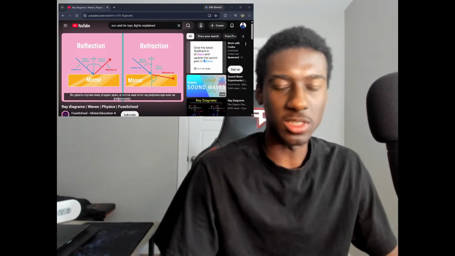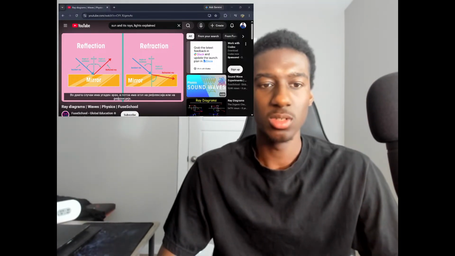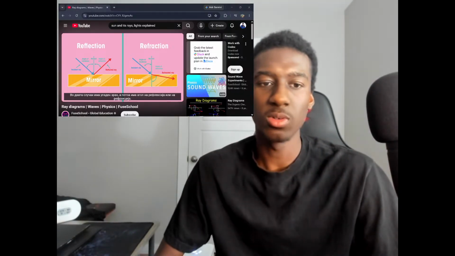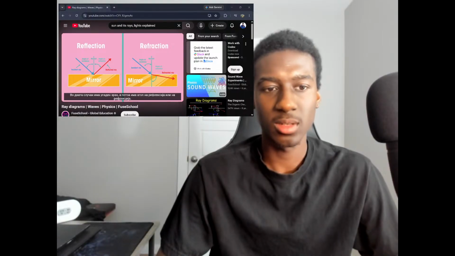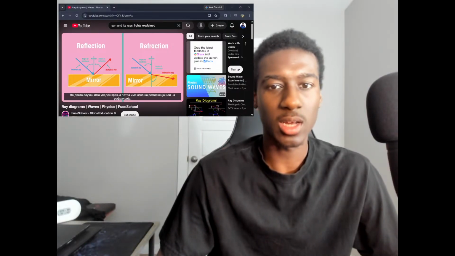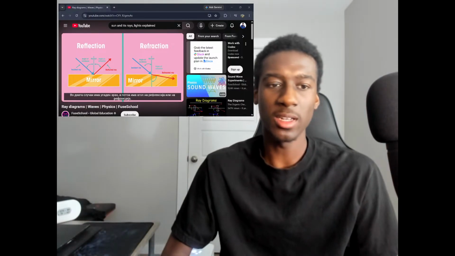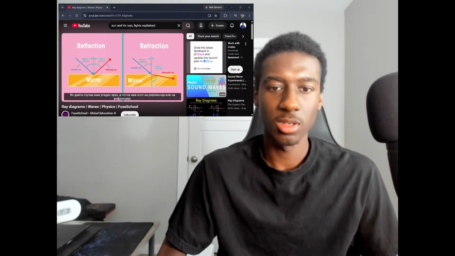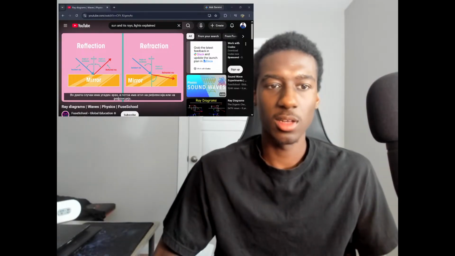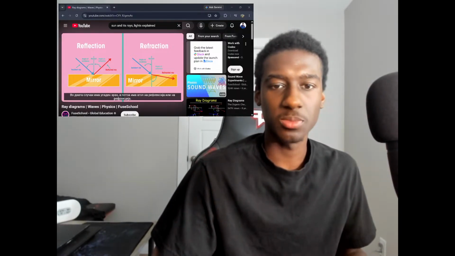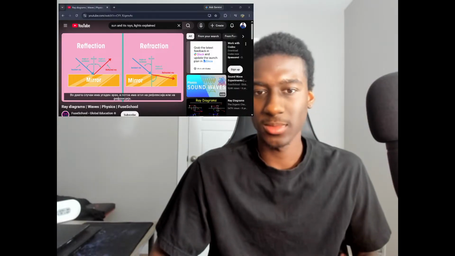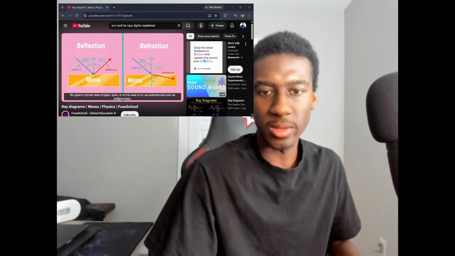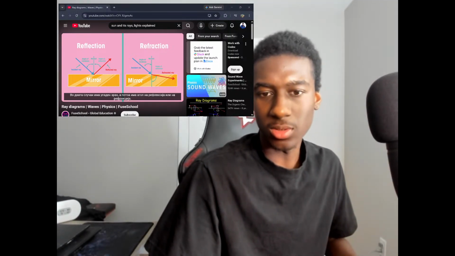The angle of reflection is the angle the ray has reflected to after hitting the surface of the incidence. Okay, that's for reflection. And for refraction, same with the incident ray and an angle of refraction.